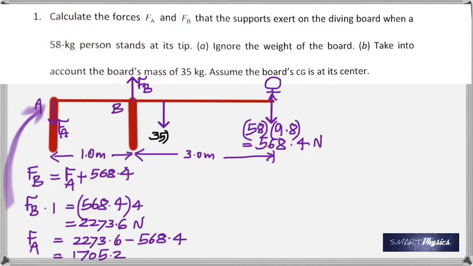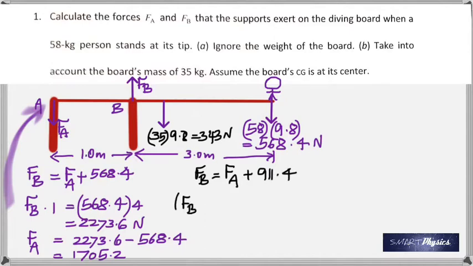So the additional force is 35 times 9.8. And you apply the same conditions. But this time you're going to say Fb is equal to the sum of the 3 forces acting down, isn't it? There are 3 now acting down. So Fa plus, well, the 911 is obviously the sum of these 2.